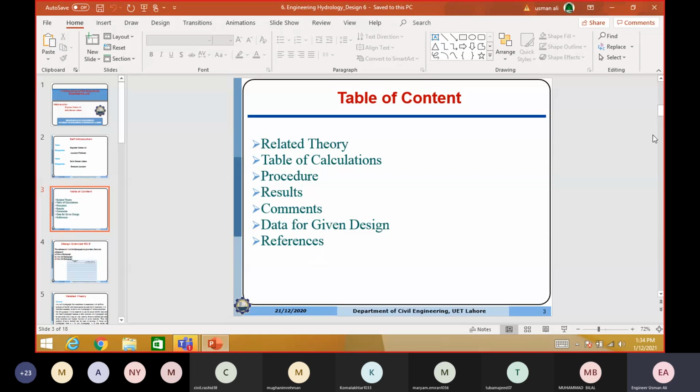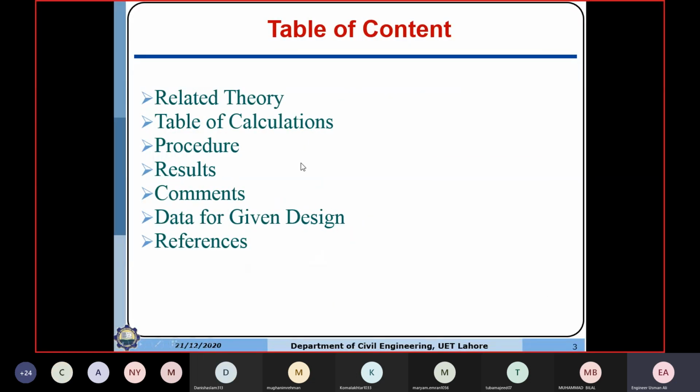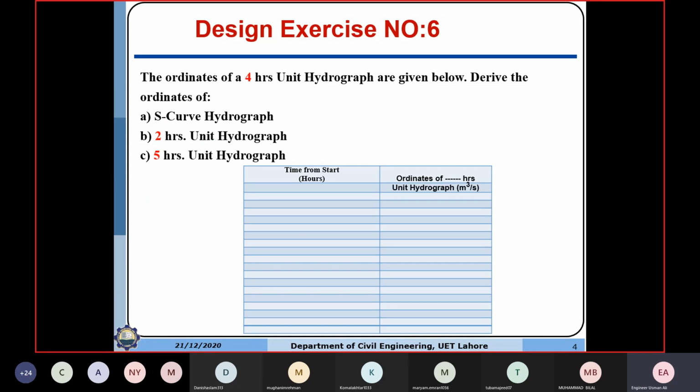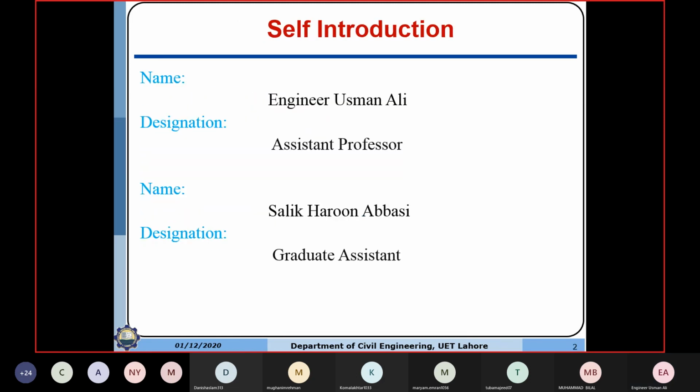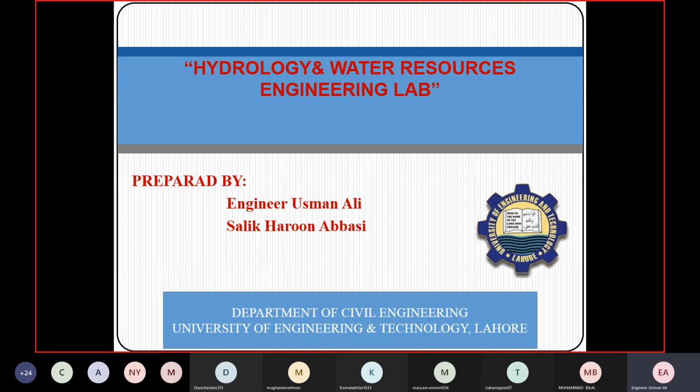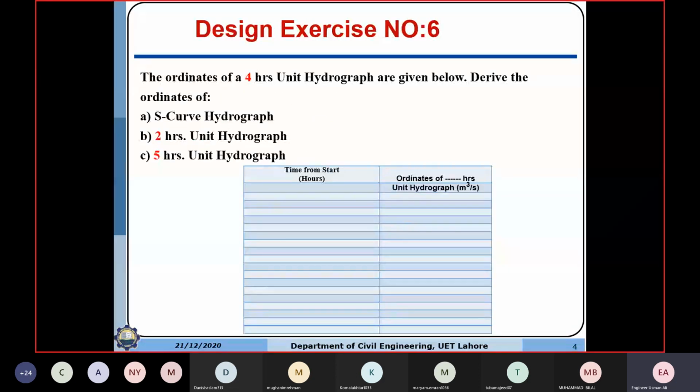So design number 6 is relating to again unit hydrograph, but this time not derivation, but the conversion of the unit hydrograph. In the previous design, I told you that every unit hydrograph is mentioned with its duration, either 2-hour unit hydrograph, 4 hour, 6 hour, 5 hour, whatever.